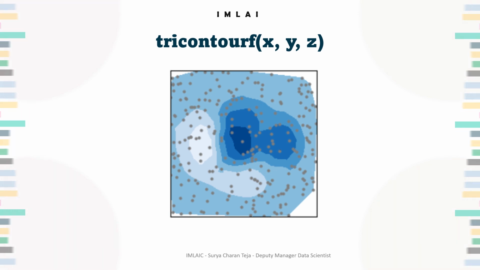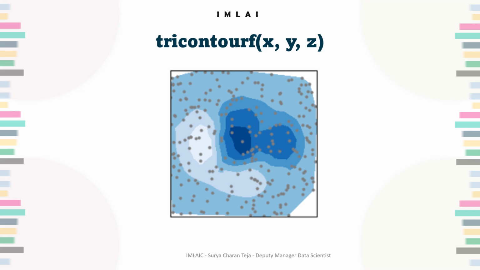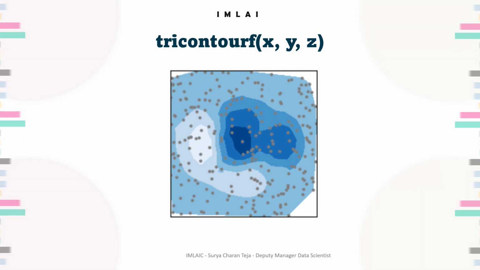Then we have z: this parameter is the array of values to contour, one per point in the triangulation. Then we have kwargs, which are keyword arguments. This parameter is text properties that are used to control the appearance of the labels.